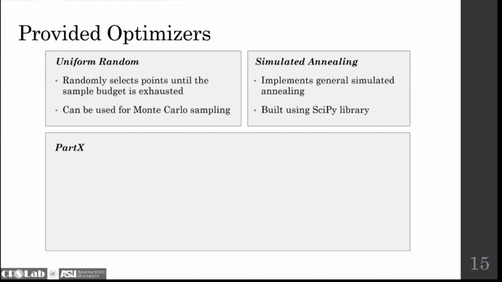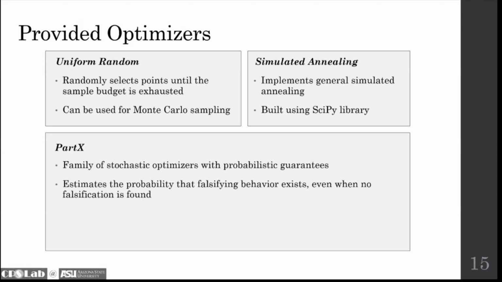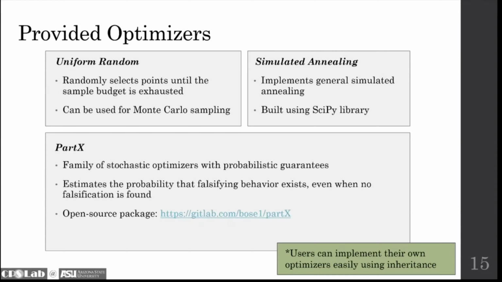The third optimizer is the PartX optimizer, which is a family of stochastic optimizers with probabilistic guarantees. PartX estimates the probability that falsifying behavior exists, even when no falsification is found. PartX is an open source package and is available at the following URL. Users can also implement their own optimizers easily by inheriting from the optimizer class in the SciTallyRow package.